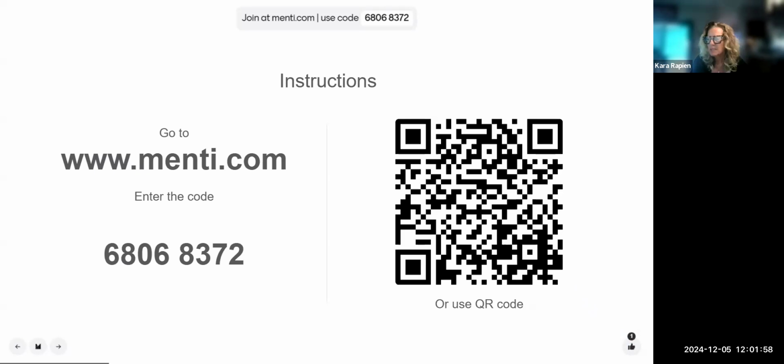The Mentimeter responses are all anonymous, so you don't have to worry about anyone seeing your responses. And each Mentimeter question will auto-populate as we reach that place in the PowerPoint. So please keep your browser and your phone open, and we'll be using that throughout the session.